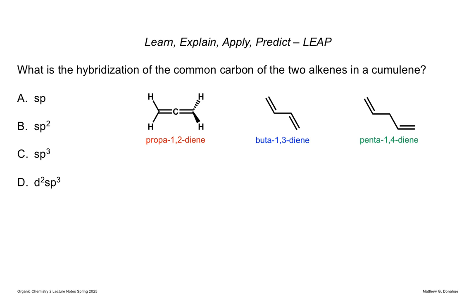let's look at some questions here. What is the hybridization of the common carbon atom of 2 alkenes in a cumulene? So this is the cumulene. It's cumulated double bonds. So this is the common carbon atom, and that's sp hybridized. So the answer there is A. One thing to note about the cumulated system is to pay attention to how the bonds are drawn. On the left side, the hydrogens are in the plane.